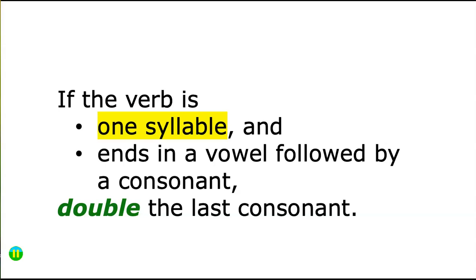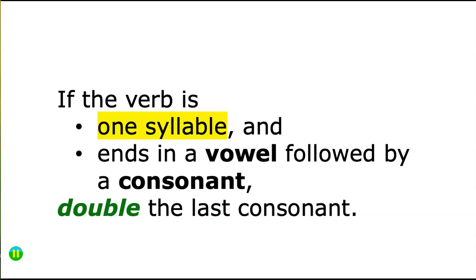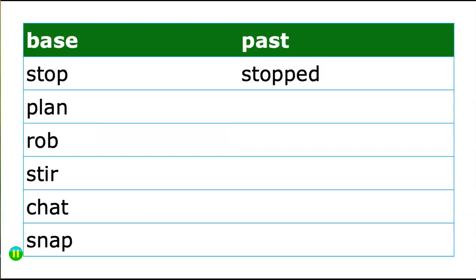Again, the verb has to be only one syllable, ending in a vowel followed by a consonant. In that case, we double the final consonant. For example, stop becomes stopped, plan, planned, rob, robbed, stir, stirred, chat, chatted, snap becomes snapped.